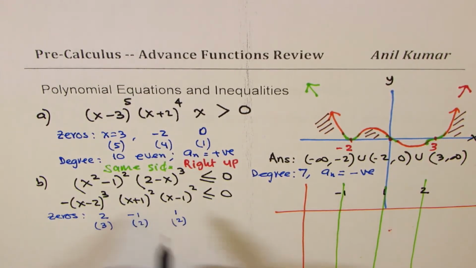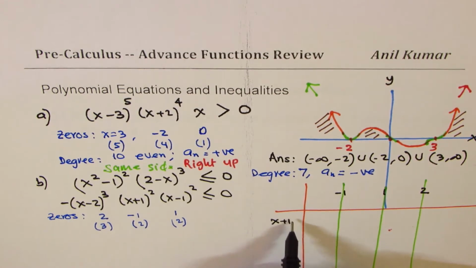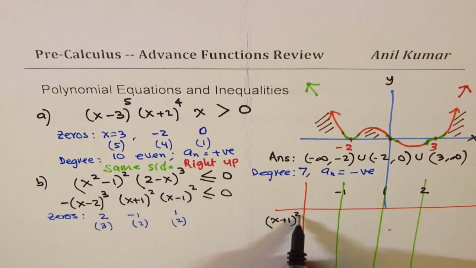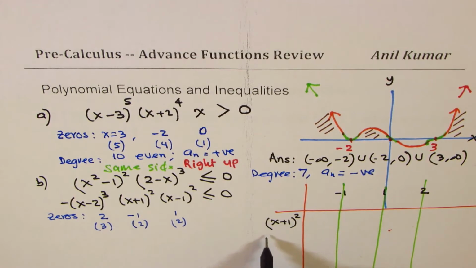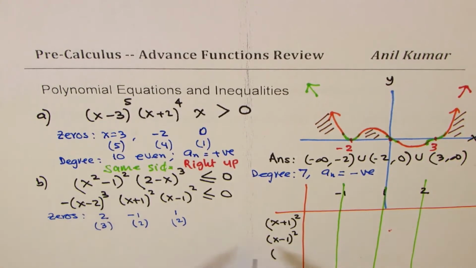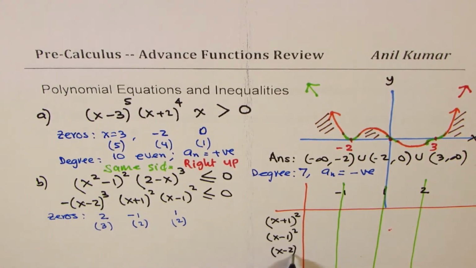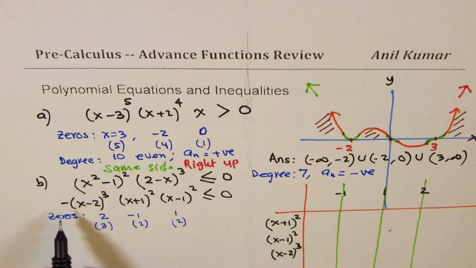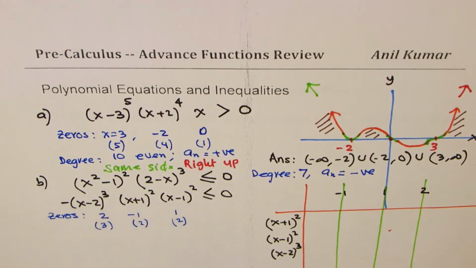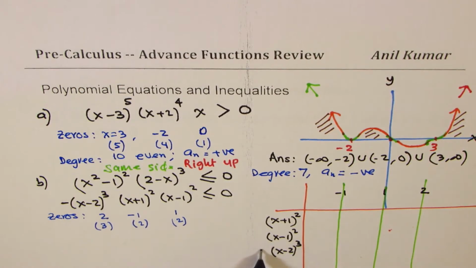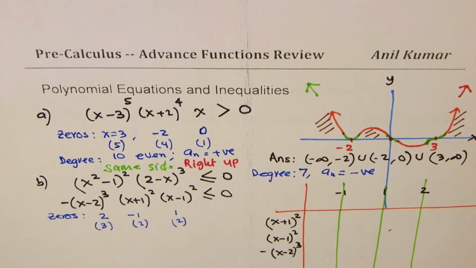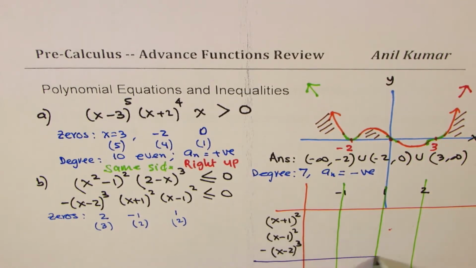So minus 1 factor is x plus 1, I'm changing the order now, and it is whole square. The other factor is x minus 1 whole square, and the third factor is x minus 2 whole cube. Now this negative could be included with any of these factors. However, I will include it with the last one here. So we'll see the sign of each in different intervals, and then we can solve.